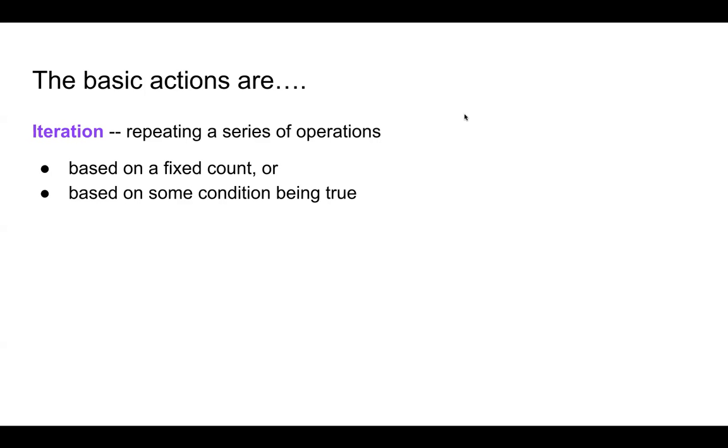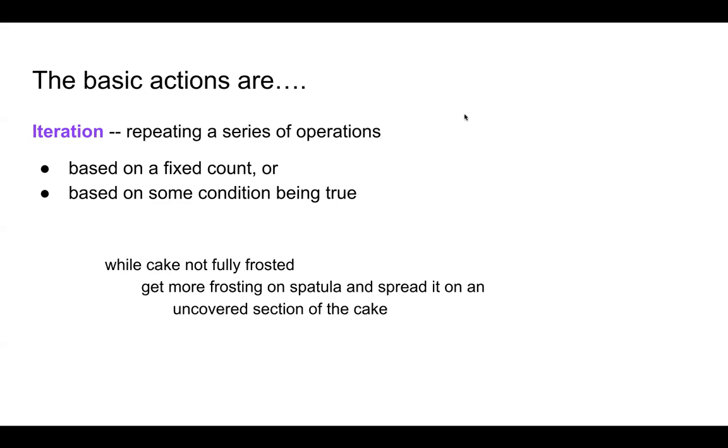For example, when spreading frosting on a cake, you basically carry out a repetitive process. While cake not fully frosted, so you look at the cake, you see if there's any spots that don't have frosting yet. If the cake's not fully frosted, you will get more frosting on your spatula and spread it on an uncovered section of the cake.